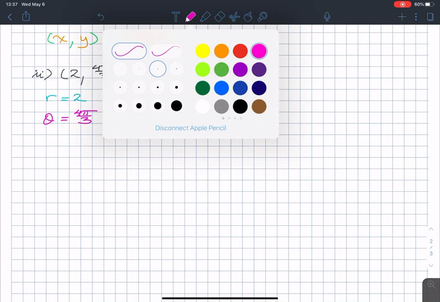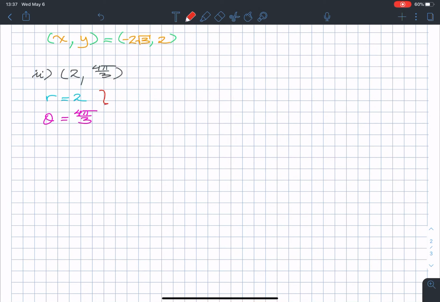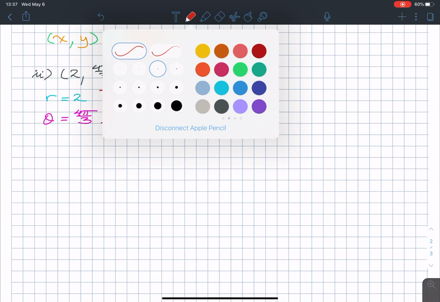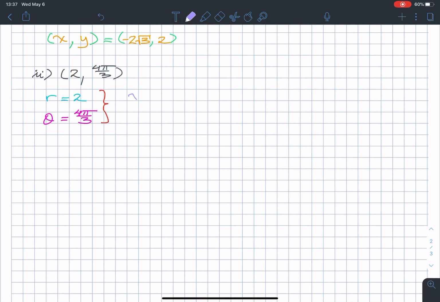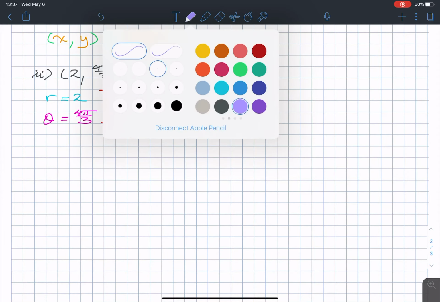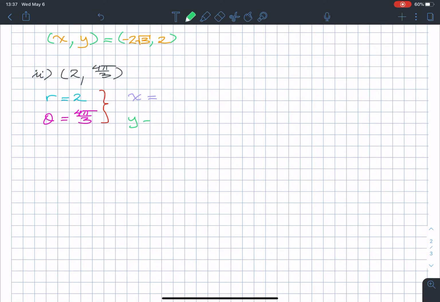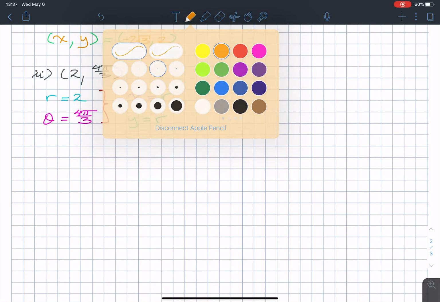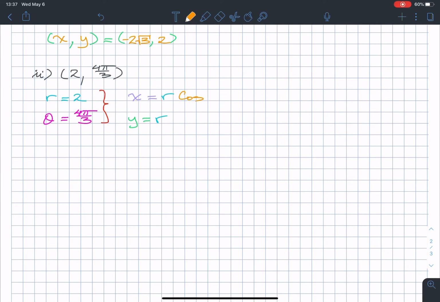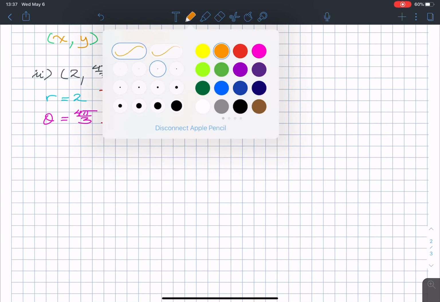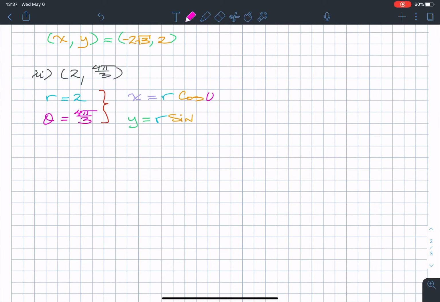Sorry about that. Okay, so together we get that x is equal to, and y is equal to, r cosine and sine of 4 pi over 3 respectively, or the angle theta.